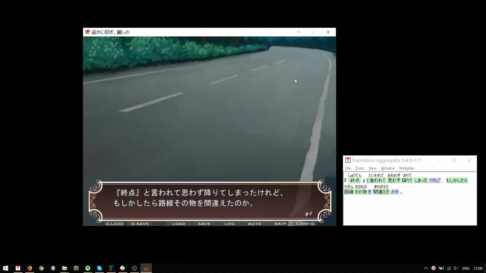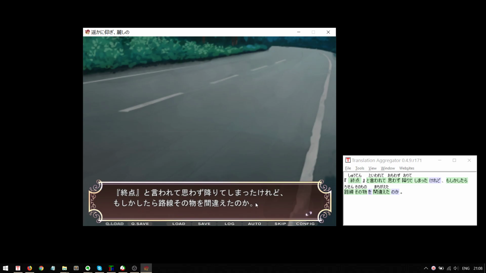In this case, it's the bus route. そのもの means that thing itself. を間違えたのか. So he's saying maybe I messed up the entire route. He maybe didn't just mess up the stop, but was on the wrong route to begin with. That's what the そのもの is for.